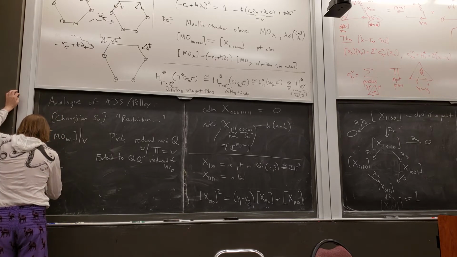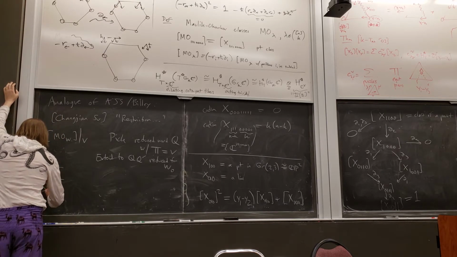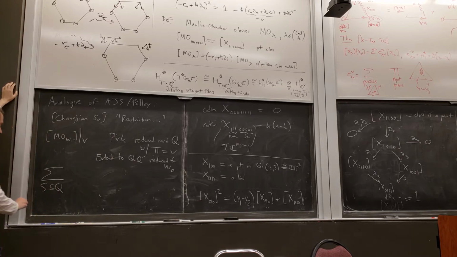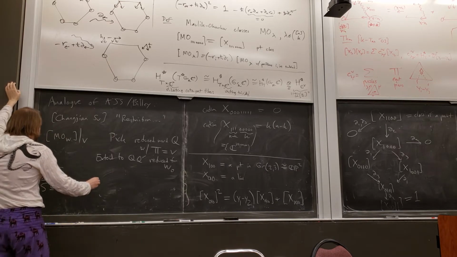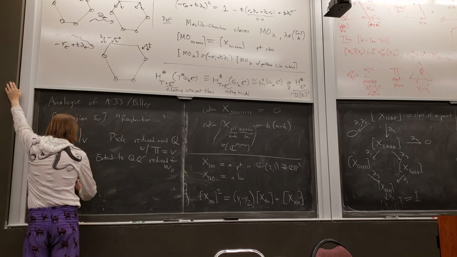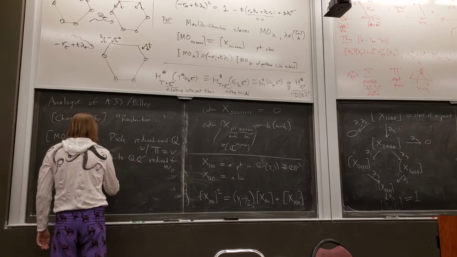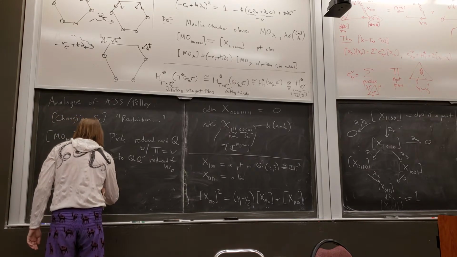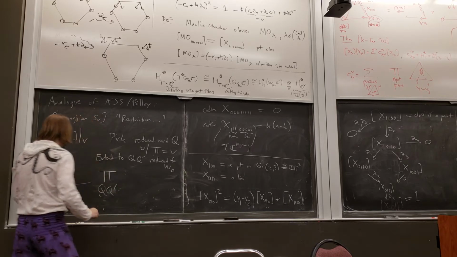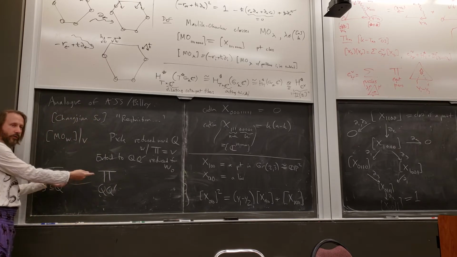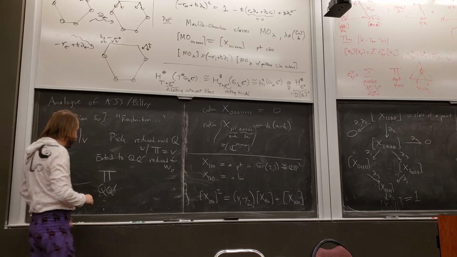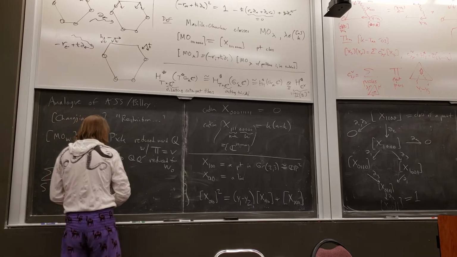So now I want to sum over subwords of Q. And as before, I'm going to take a product over the entire word. So this is the difference: before there wasn't a Q prime. But I take a product over the entire word, little q running through that.